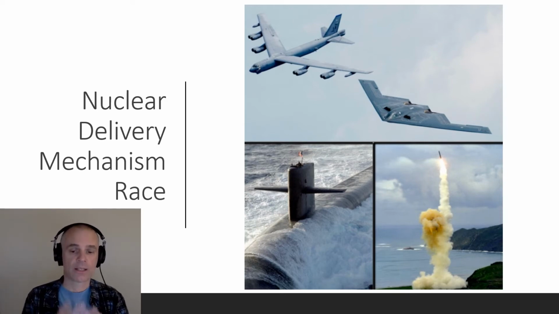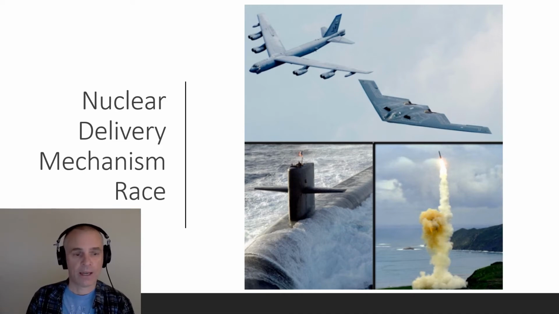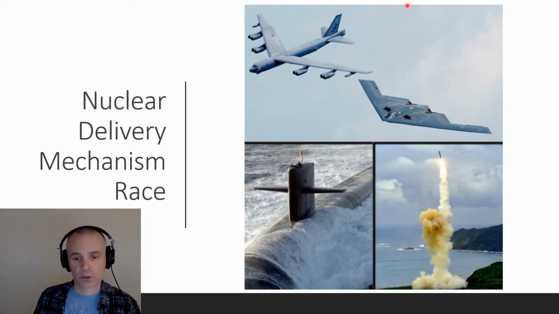So if the other guy decides to strike you, you need to have enough weapons left even after you get hit that you can basically inflict damaging punishment on your opponent, and therefore make it so that they do not want to attack you. So you need to have a good way of delivering nuclear weapons even after you've been struck.